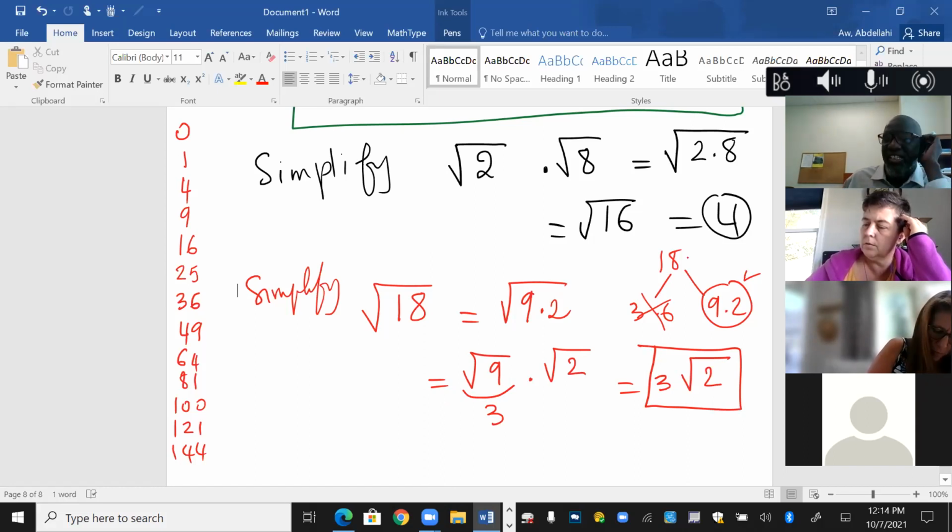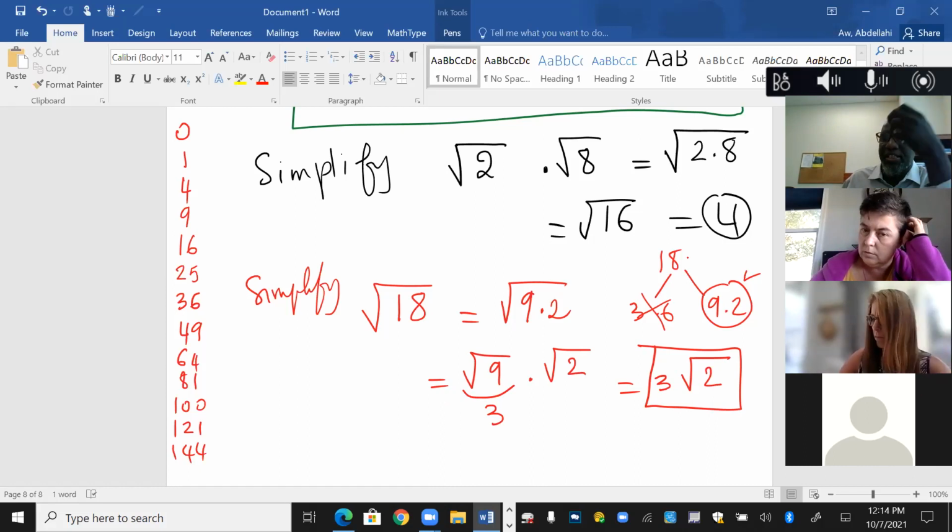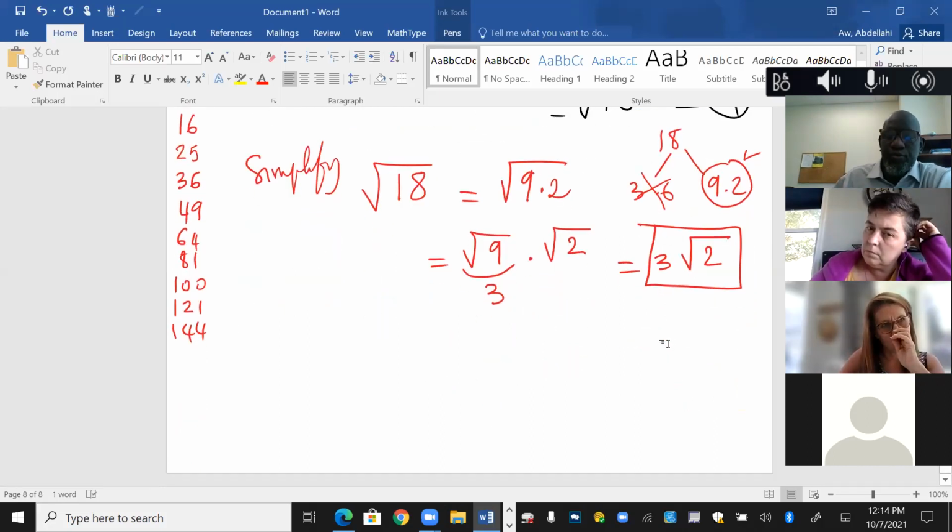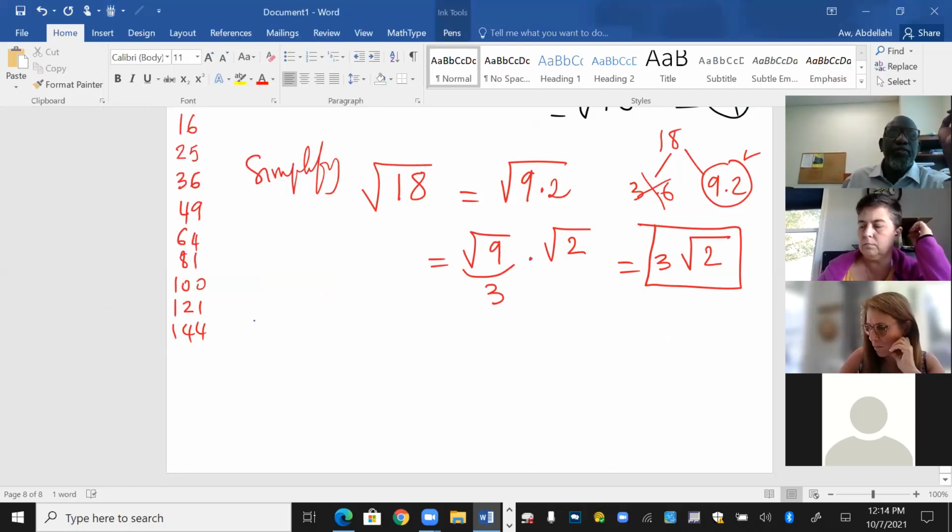So when we say simplify root of 18, this is what you mean by that. My answer is simplified. I can see that because now the number inside the radical is smaller than 18, right? So I broke it down that way. That is how we simplify. So you're going to have to do that. We will do that. So simplify square root of 75.